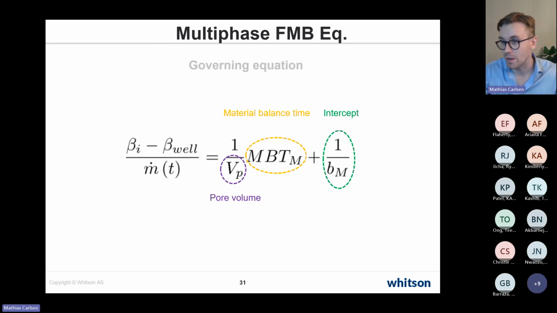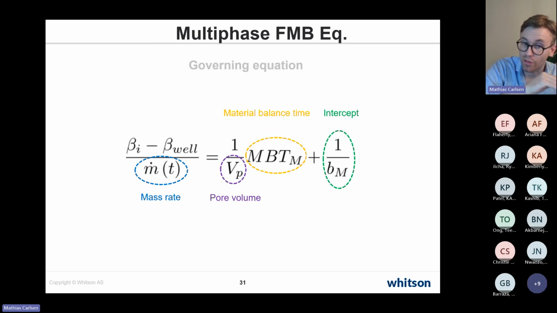Pore volume is what we like to estimate, and that's what we talked about all the time. We'd like to find out how much of what's down there from this well we can contact with the method. And then on the y-axis, it's getting a little bit complicated at first. This stuff right here is mass rate. So that's oil, gas, and water converted from their actual volumetric rates with density.